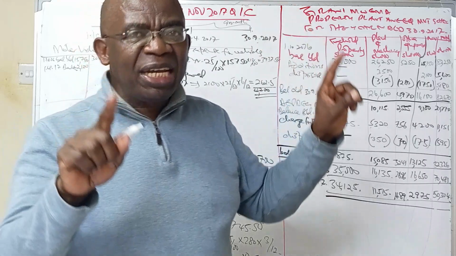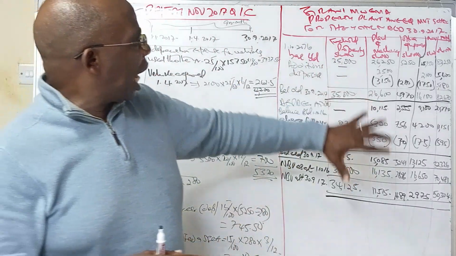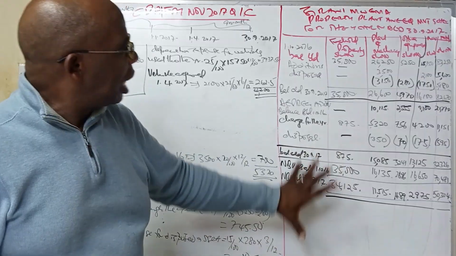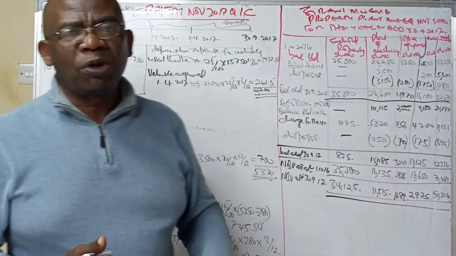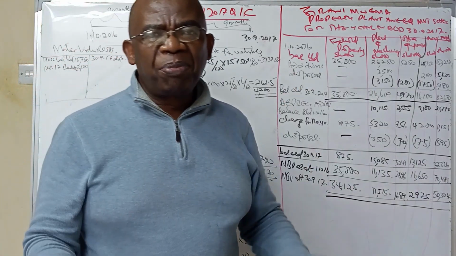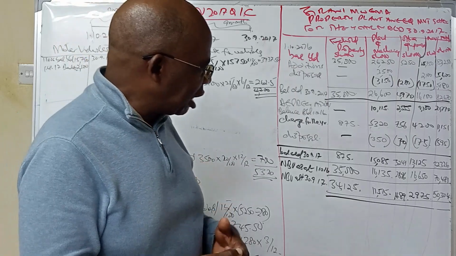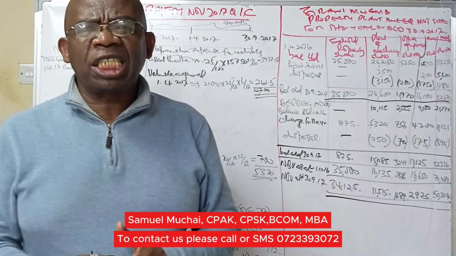But we will have a note so that if you want to know the details about how we arrived at it, you can come to this note and see how much assets we had, how much we disposed, how much we added, the depreciation, and how we arrived at our closing balance.